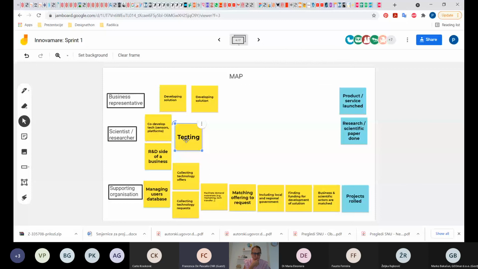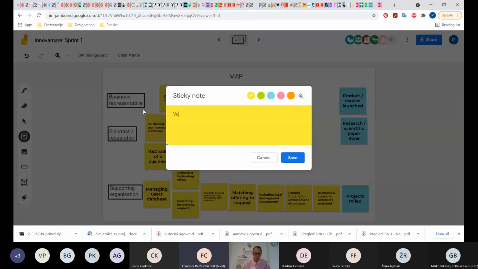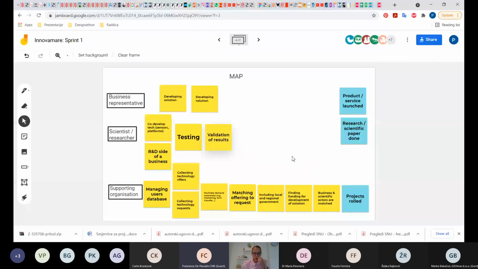So also the test, the validation of the results with the science should be taken into account. The validation of the approach, the technology performances, as you want to call them. So it should be a step in this case.